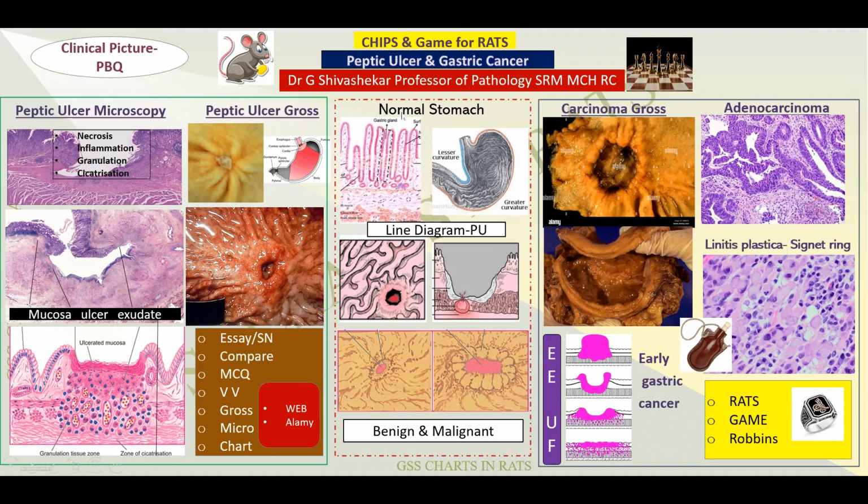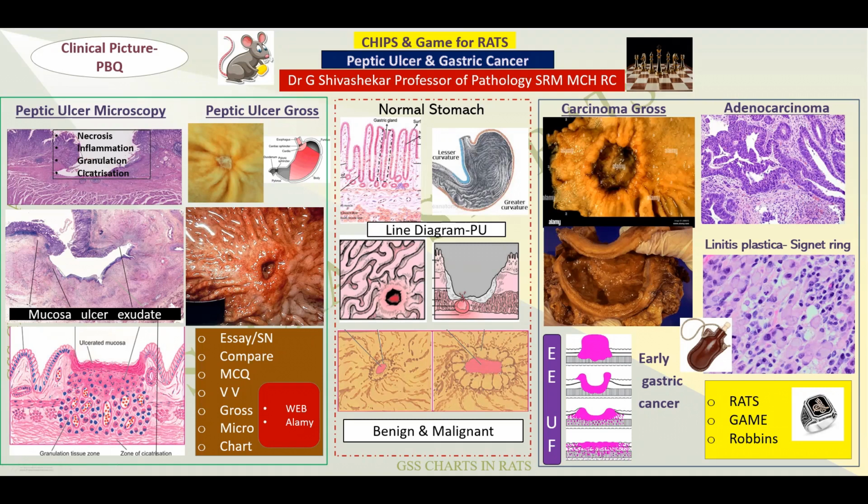The chart that I have chosen for the day is peptic ulcer and gastric cancer. Both of these are independent essay questions on their own. In today's class, we shall be dealing with a normal picture of the stomach, the peptic ulcer, the gastric carcinoma, early gastric cancer, and some line diagrams as well.